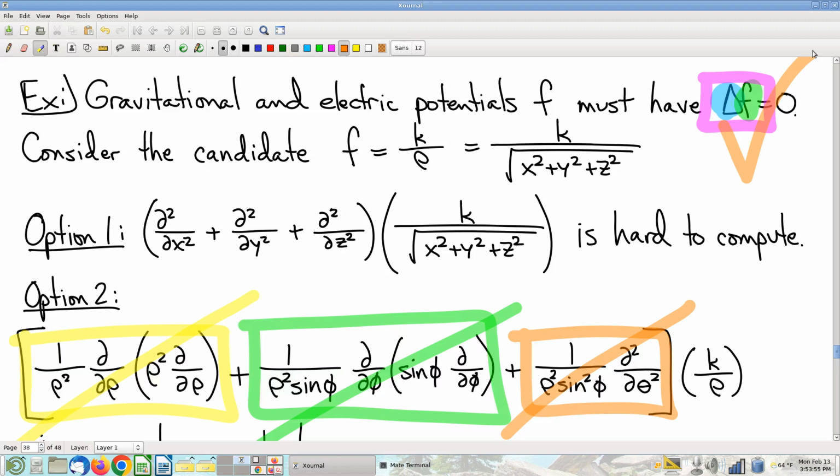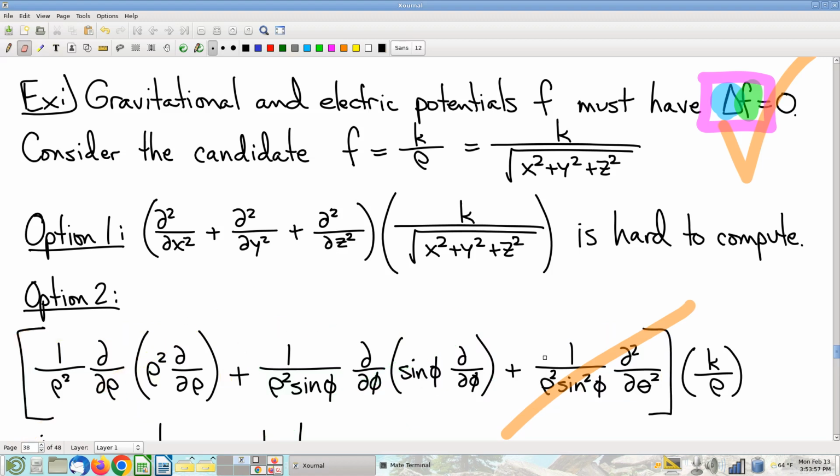Okay. Now, real quick, did we get lucky here? Or fundamentally, why is it that the spherical Laplacian, despite seeming appearances, worked out so nicely?